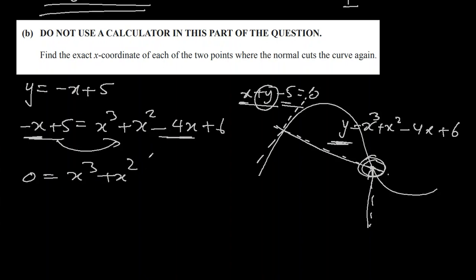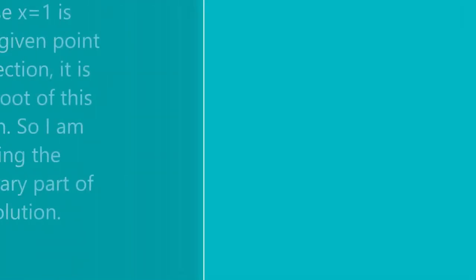This minus x will become plus x when it comes to the right side. So minus 4x plus x will be minus 3x. This plus 5 will become minus 5 when it comes here, so it becomes plus 1. And now we have to solve this equation to get the x coordinates of the other 2 points.